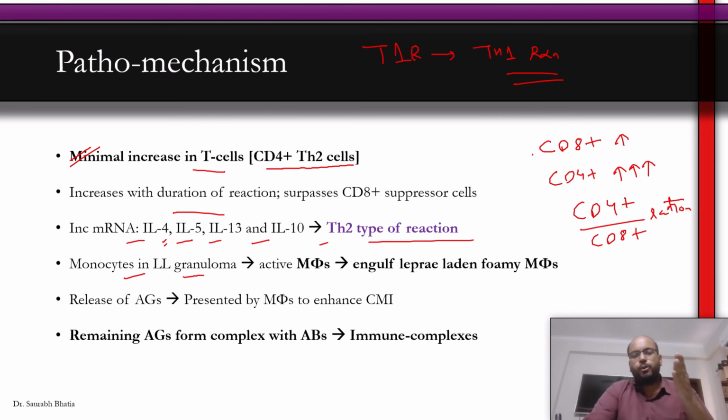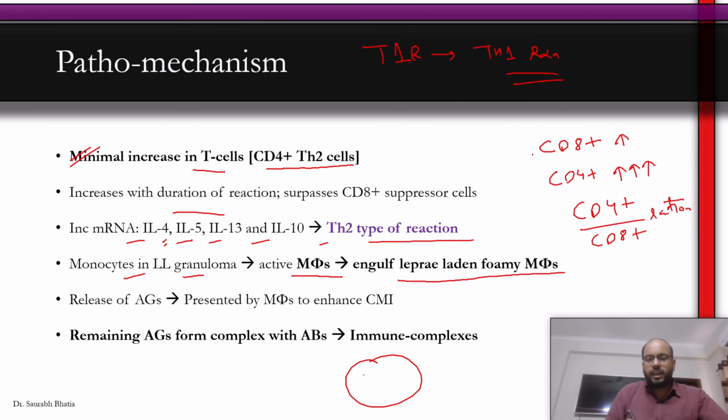When the host goes towards ENL, these histiocytes, these macrophages, these monocytes, they get activated. And when they get activated, they will further activate macrophages. Now, these macrophages will eat all the foamy macrophages that have M. leprae inside them. So normally you have a macrophage filled with M. leprae and it is unable to destroy the M. leprae, and no destruction of M. leprae happens.